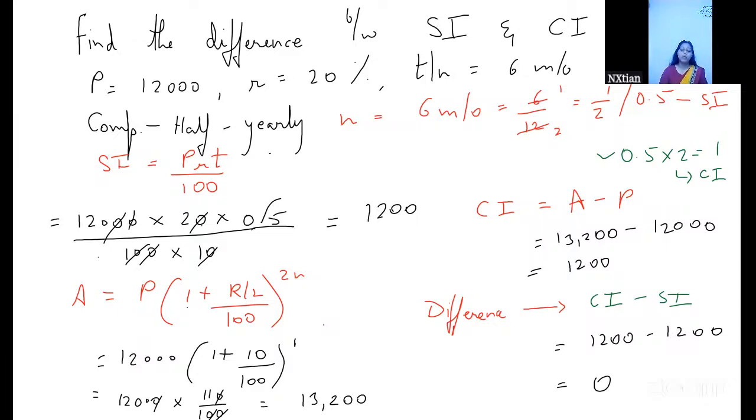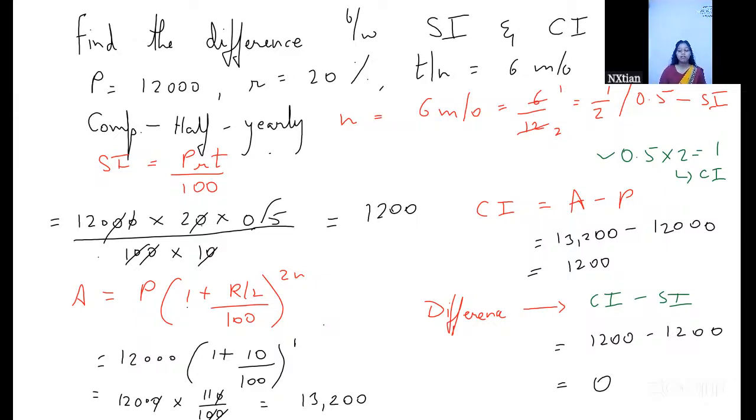Also, when we calculate simple interest, a major thing you have to keep in mind always is that if we have half yearly or quarterly in the question, like in this question, half yearly is given, that is not related to simple interest. Simple interest will be calculated as it is.